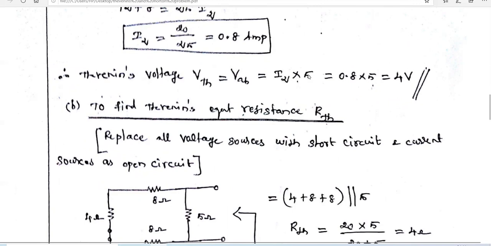So I2 into 5, and the I2 value we calculated is 0.8. So we get the answer: VTH is equal to 4 volts.